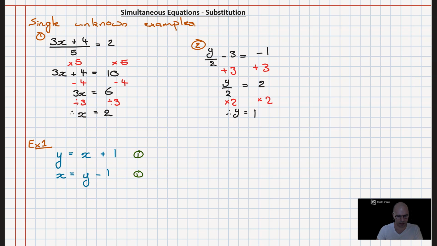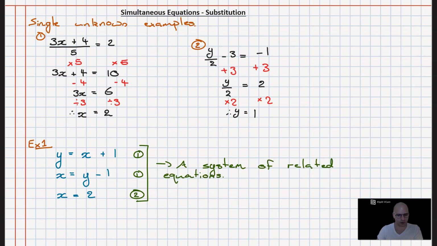Now imagine that we have a second equation that's related to the first equation, but it's got slightly different values in it. What we have here is a system of equations, a system of related equations.